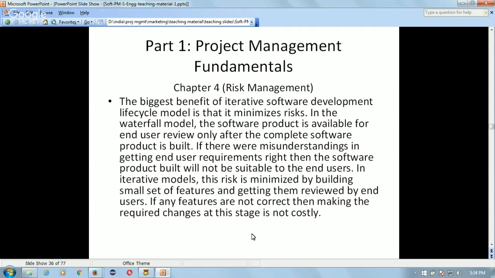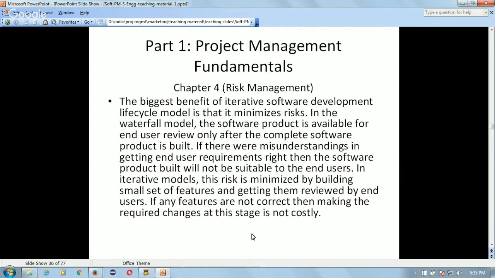So the complete software product is developed this way, and say the project duration is 1 year, so the customer is able to see the product and find out if it is suitable for them or not, if the product is really as per their requirements. So it is known only after say 1 year.